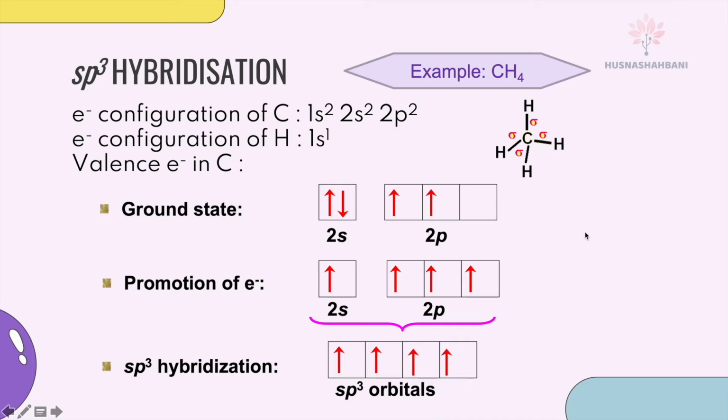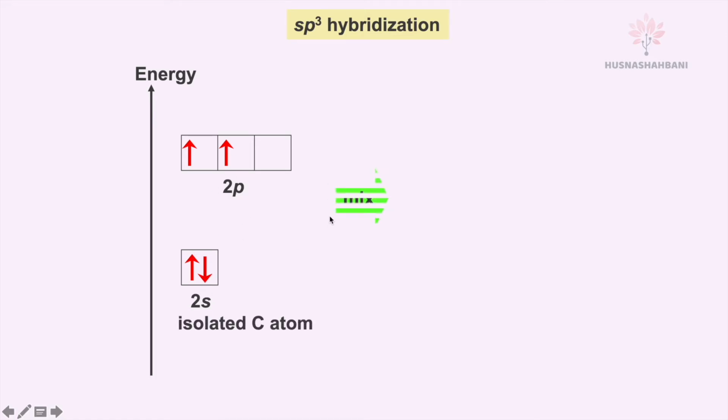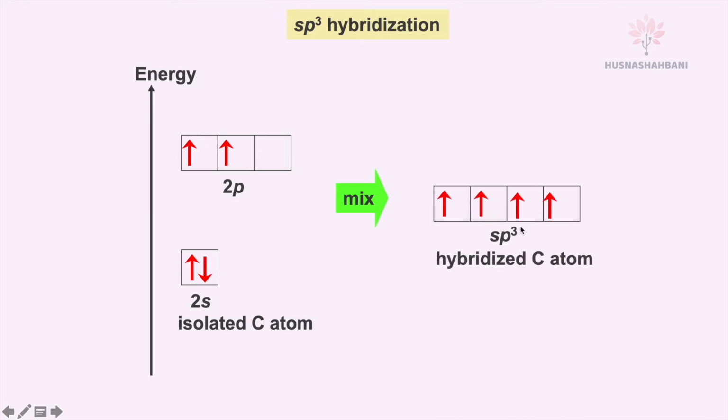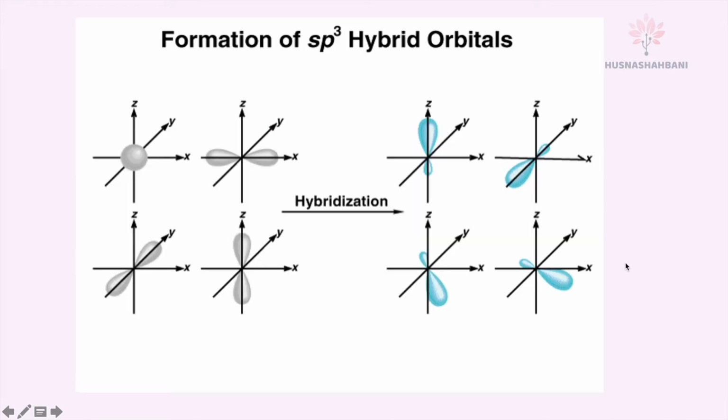And then you have to draw the energy level diagram. Look at the energy level diagram. The electrons involved are in 2s and 2p. You mix all the 2s and 2p together. The energy level of the sp3 orbital is in between: sp3 hybridized is in between 2s and 2p. Because you have 1 s orbital and 3 electrons in p orbitals, you take the electron, move to 2p, so 3 p orbitals are involved, 1 plus 3, making 4 sp3 orbitals.